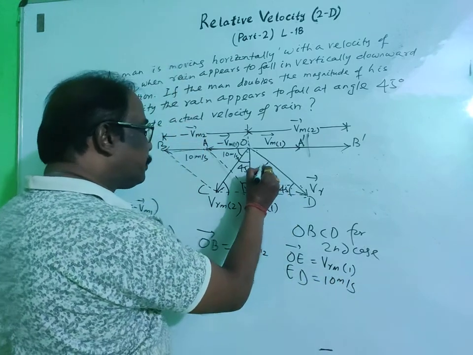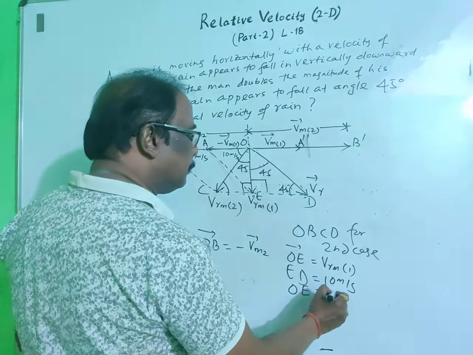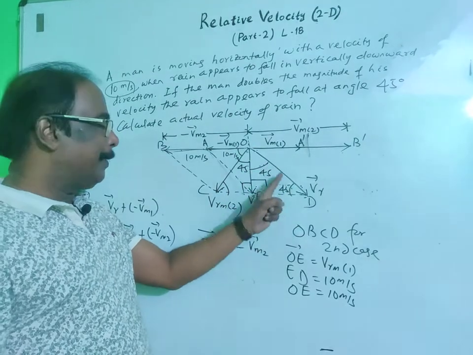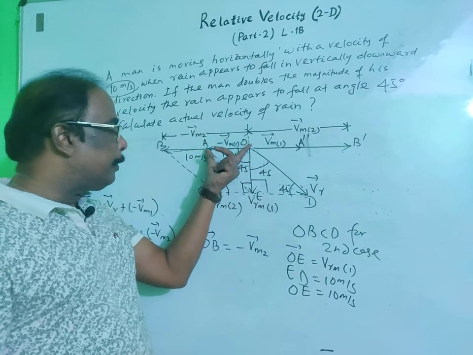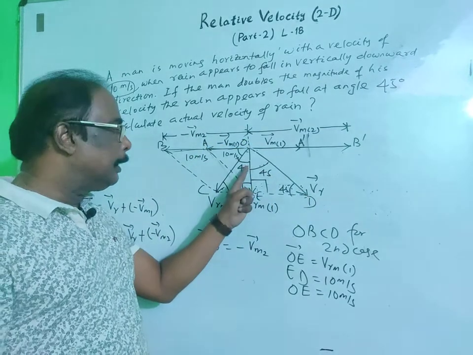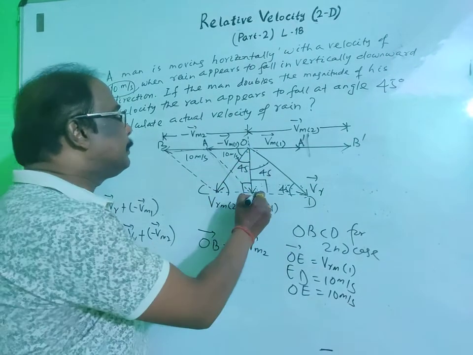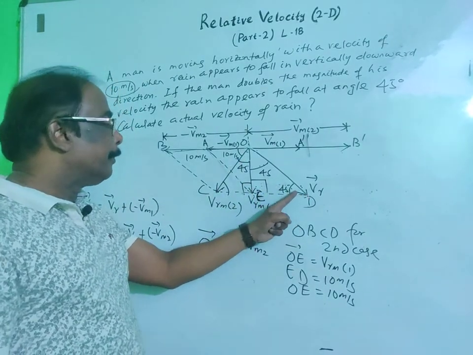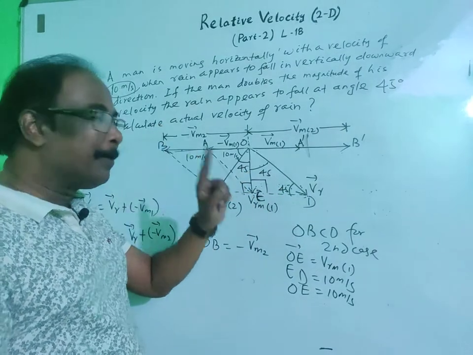This is 45, this is 45, then obviously OE also representing the magnitude of 10 meter per second. So OED is isosceles triangle. This is 45, this is 45, this is 10 meter per second, this is 10 meter per second.